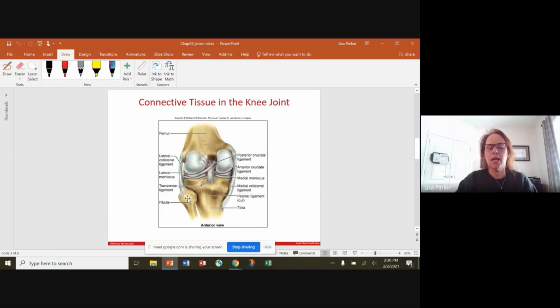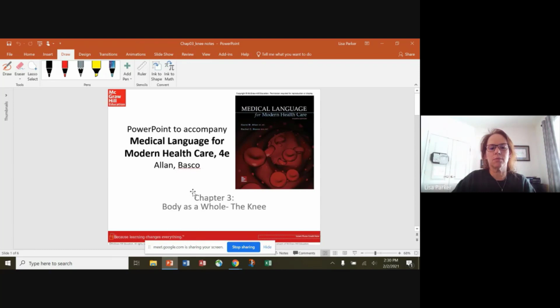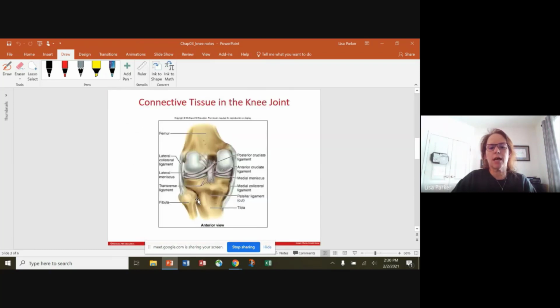If you reach down and touch the outside of your knee, that little bump on the outside is actually the head of the fibula. So I can tell by orienting myself in the picture that this is the right side.